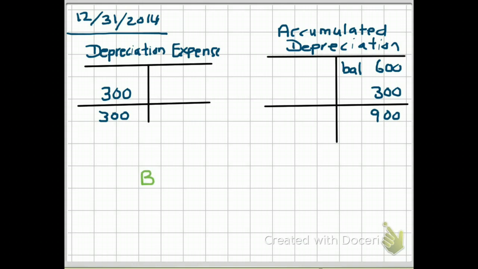Let's calculate the book value. The book value is cost, which is 900, minus accumulated depreciation of 900. It is 0. Your book value is 0. So in your balance sheet for 2014, what you're going to show is that your cost was 900. You've fully depreciated your equipment, so your accumulated depreciation is 900, and therefore your book value is 0.